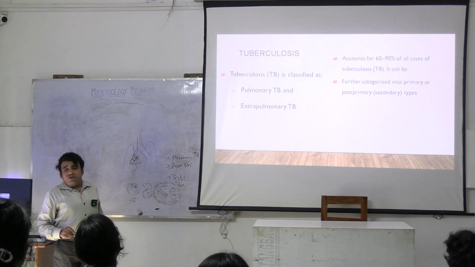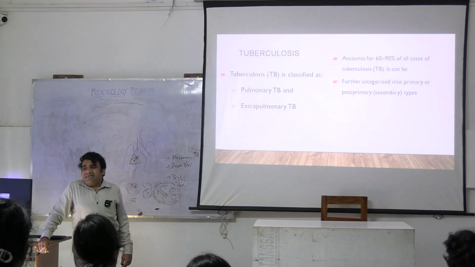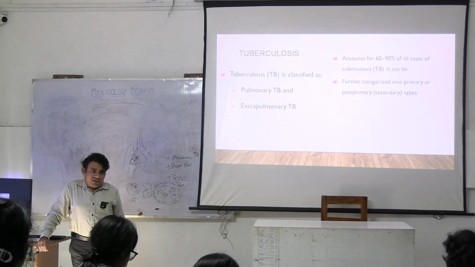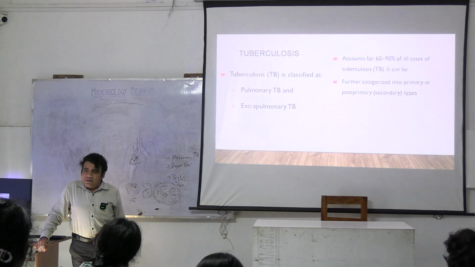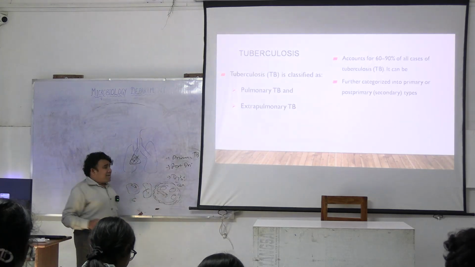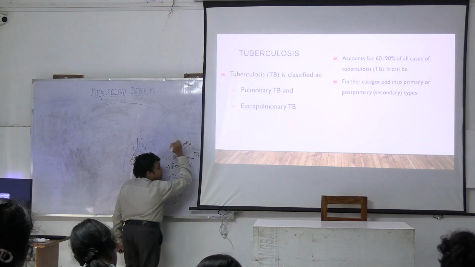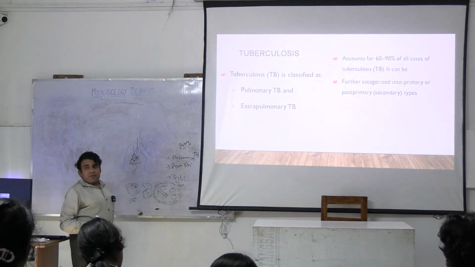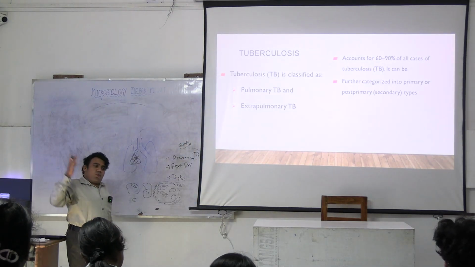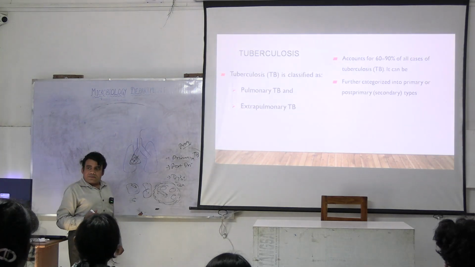Sometimes in children, if the immune system is incapable of isolating this bacteria, this disease may spread initially into the lungs, then throughout the body. That is called as primary progressive tuberculosis. But in most of the people, they can restrict this problem.